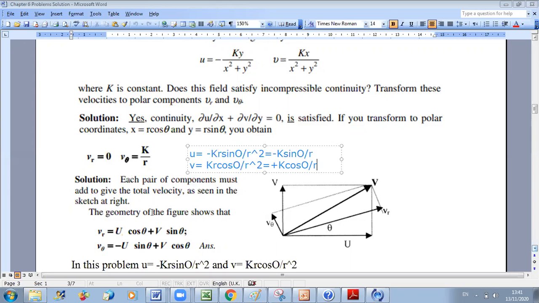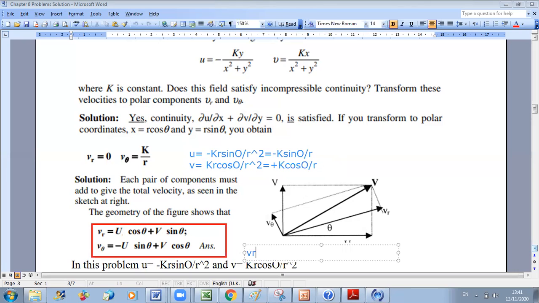The only remaining step is to project U and V in order to get the total component along V_r, and the total component along V_theta. So now I will use the following transformation to go from U, V in rectangular coordinates to V_r, V_theta in polar coordinates. Okay, so it's just a simple replacement. So let us do it. For V_r, it's equal to, what is the value of U? It's minus k sine theta over r.